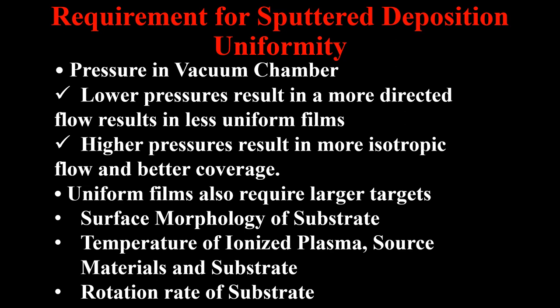But the rotation of the substrate is very important, because we want to get a uniform deposition. If we rotate the substrate with a certain speed, the source material which gets evaporated will easily deposit on different areas of the substrate, and at the end, due to rotation, we will get a highly uniform film.